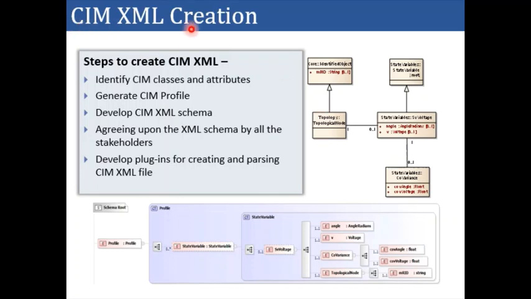The SIM XML file creation steps are as follows. We will first identify the SIM classes and attributes required for a particular data exchange. As we know, in the common information model we have close to 1500 classes, and not all classes are utilized for a particular data exchange.